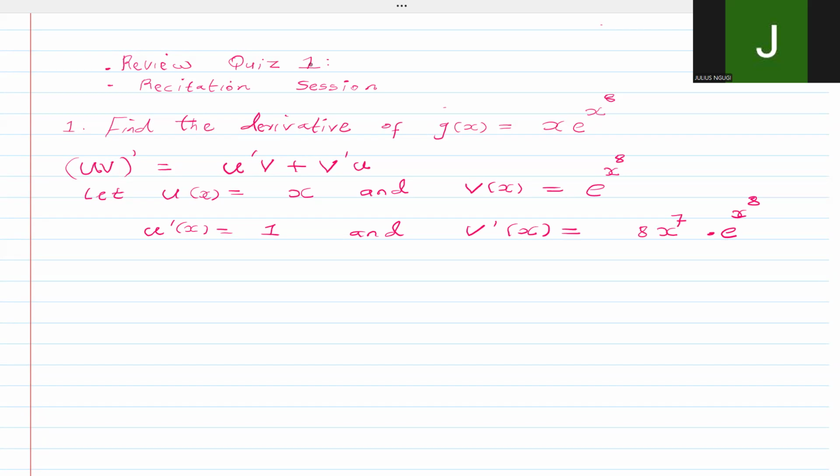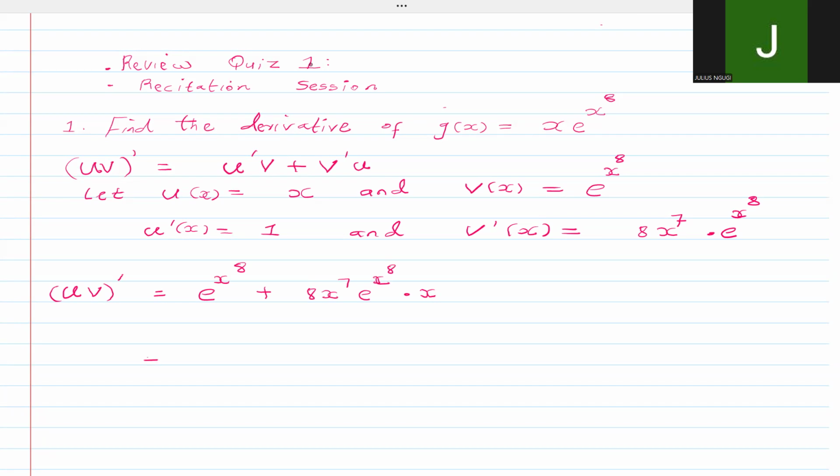Then you put them in the formula for the product rule. So u v prime becomes u prime, which is 1, times v, that is e to the power x to the power 8, plus v prime times u, that is 8x to the power 7 times e to the power x to the power 8, and don't forget to multiply by u, which was x.